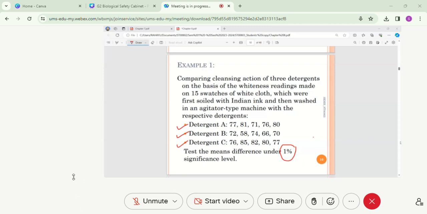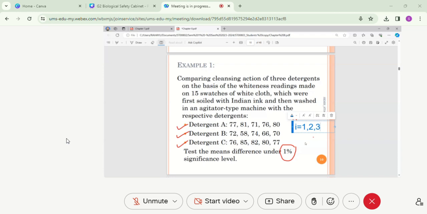Okay, the answer is 3. Because we have 3 types of detergent, so K is 3. And then i is 1, 2, and 3.